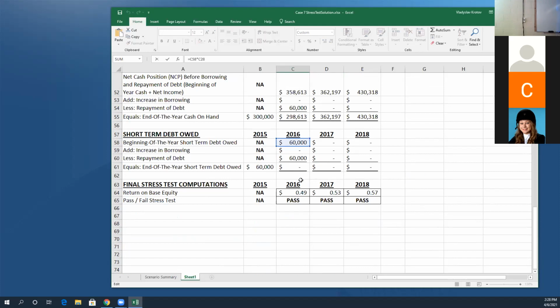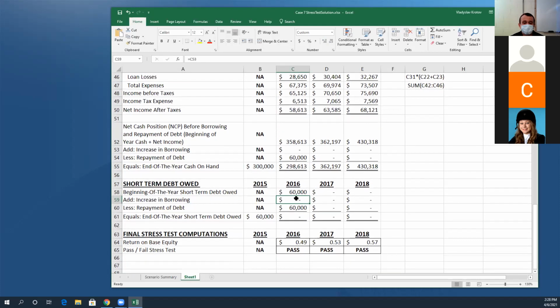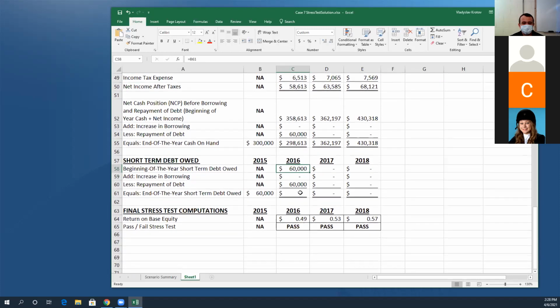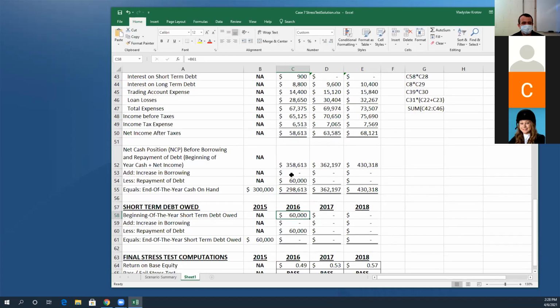Yeah, so that's why, because we haven't entered it yet. There is some discrepancy because the calculations are using values from the short-term debt owed. What I suggest, because you have this value blank, is to put in the formula equals B61, which means this cell, the previous year short-term debt. So do that and tell me whether the results look the same after that.